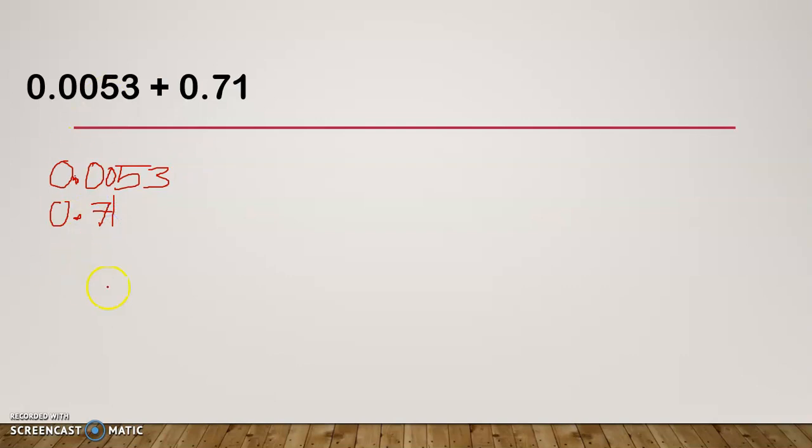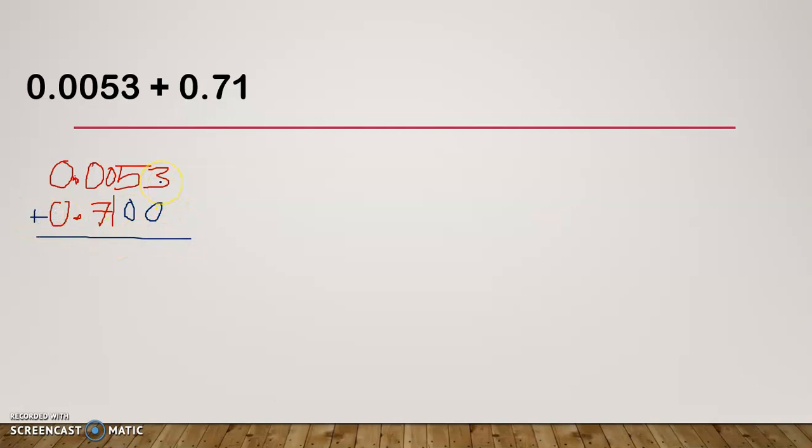Okay, now that you have written the decimals vertically, the next thing you have to do is put zeros on the empty decimal place values. As you can see here, this is an empty place value, you have to put 0. An empty place value, you have to put 0. And after that, you just have to add like whole numbers.